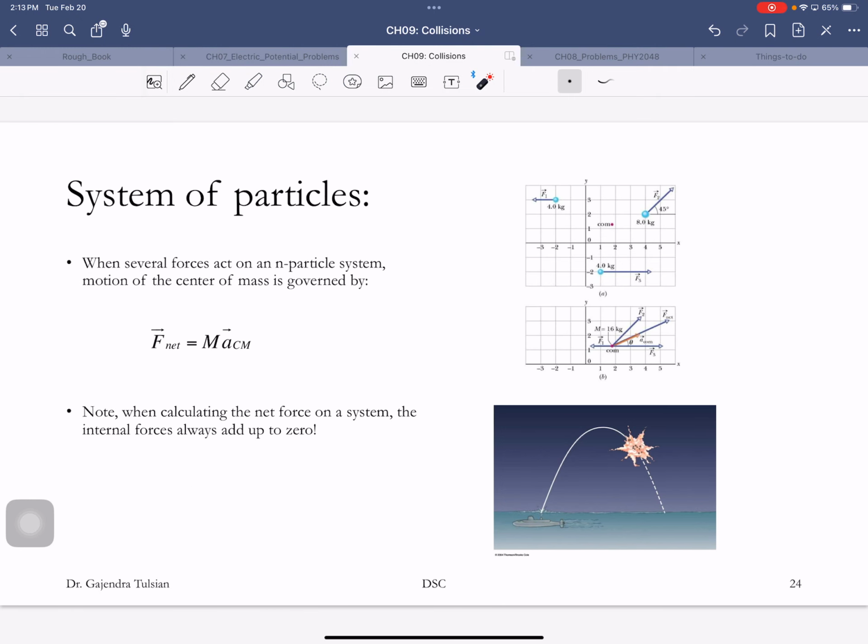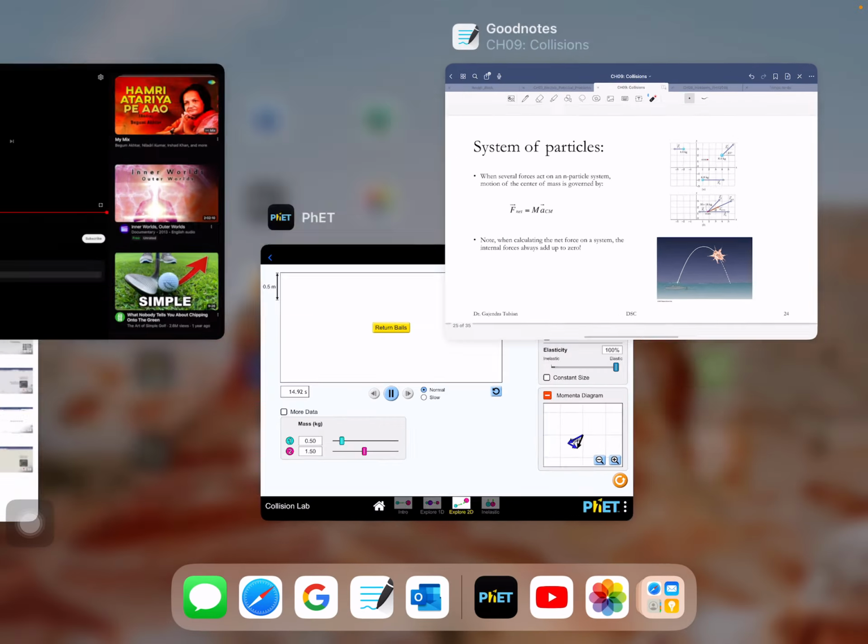The net force changes the center of mass acceleration. That's when the mass is not changing. So for a system whose mass is constant, it's the center of mass acceleration that you affect. And you guys saw the center of mass. I'll go back to that simulation for a second. In that simulation, I showed you a collision and the center of mass was moving at a constant velocity.